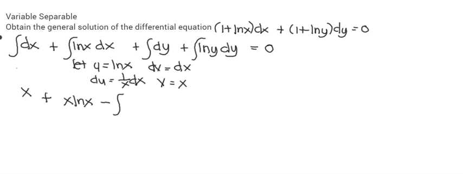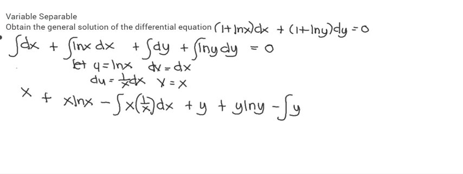We have v is x and du is 1 over x dx. Then the integral of dy is y, plus the integral of ln of y dy, the same thing as ln of x. So we have y ln of y minus the integral of y times 1 over y dy.